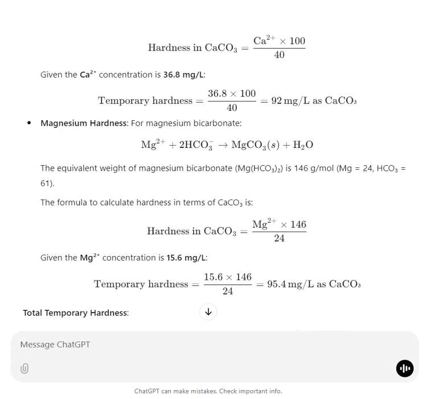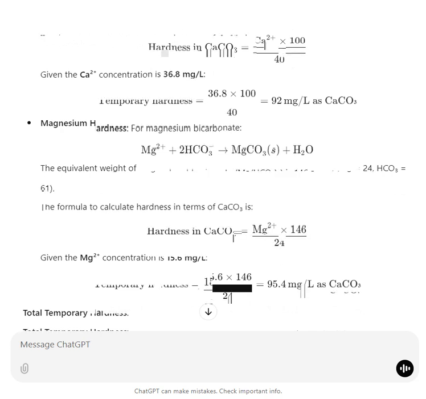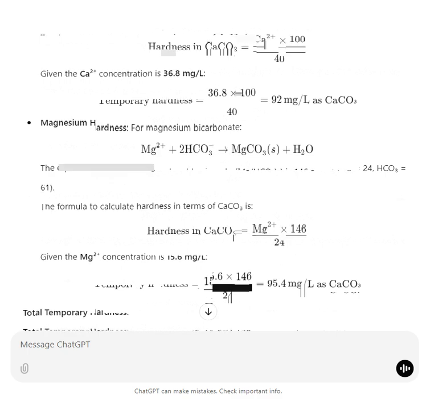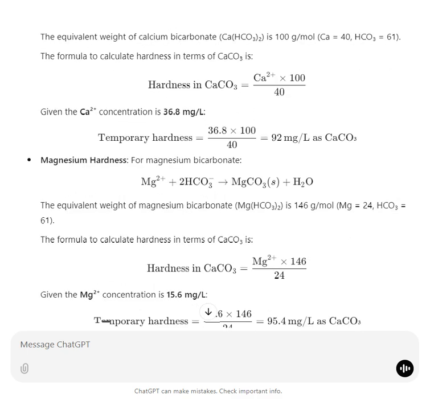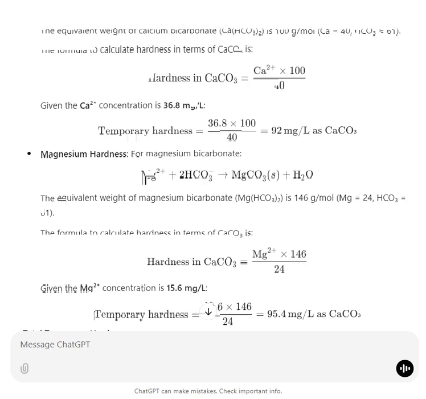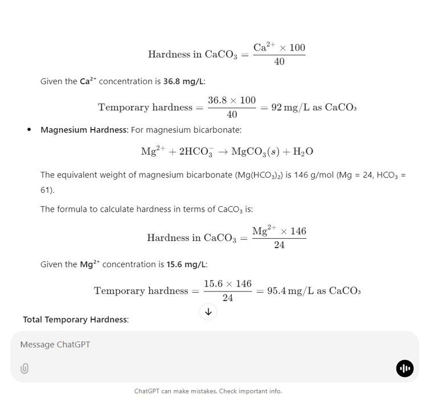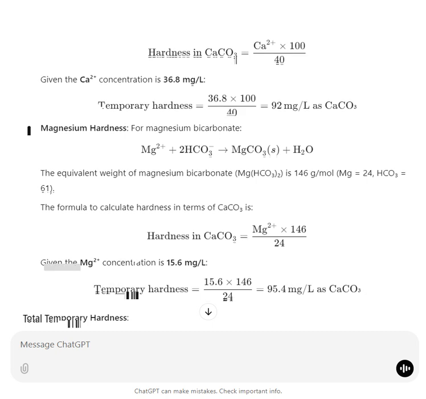Magnesium hardness, for magnesium bicarbonate: Mg2+ + 2HCO3- → Mg(HCO3)2 + H2O. The molecular weight of magnesium bicarbonate, Mg(HCO3)2, is 146 grams per mole. Mg equals 24, HCO3 equals 61. The formula to calculate hardness in CaCO3 is Mg2+ times 100 over 24.